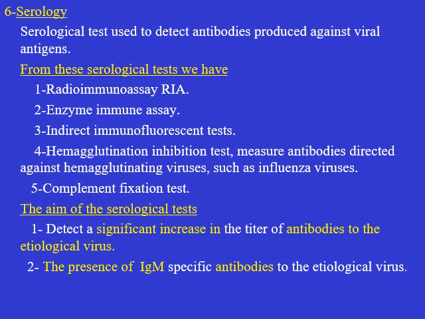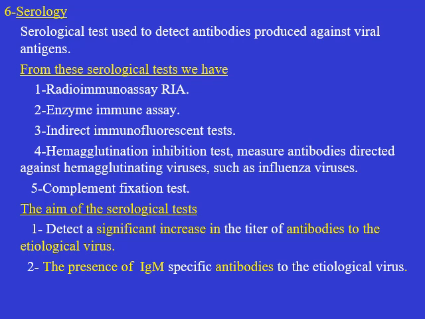The hemagglutination inhibition test, which measures antibodies directed against hemagglutinating viruses such as influenza virus. 5. The complement fixation test. So in serology, we can use RIA, ELISA, indirect immunofluorescence, hemagglutination inhibition, and lastly the complement fixation test.